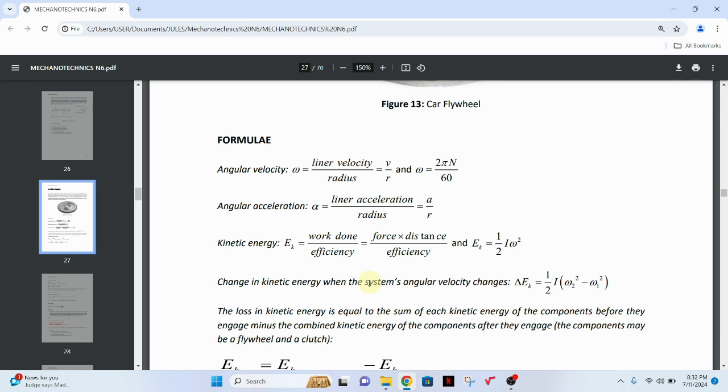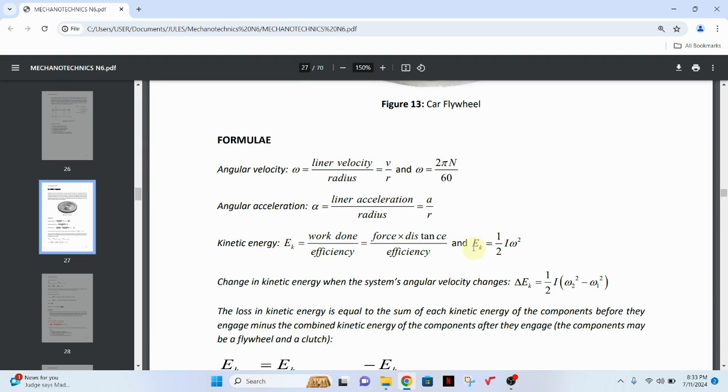So kinetic energy is equal to work done. If you have an efficiency, then the kinetic energy that was input by the engine is equal to the work done divided by that efficiency if you are given an efficiency in the equation. Work uses units of joules, and kinetic energy also uses units of joules, we all know that.